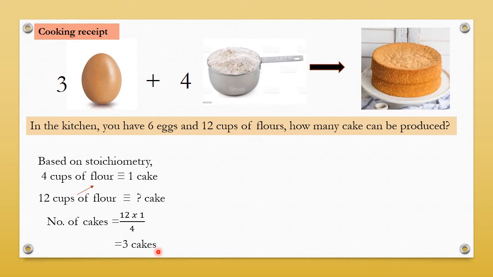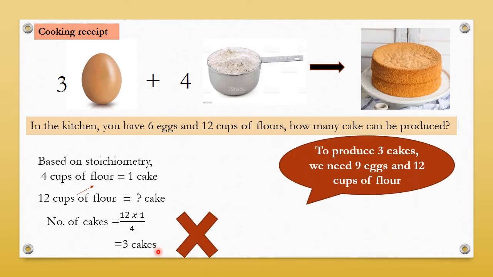However, if you use the excess reactant to compare with the amount of product formed, this is wrong. Because if we have 12 cups of flour, we can produce 3 cakes. However, to produce 3 cakes, we need 9 eggs and 12 cups of flour, and in the kitchen we only have 6 eggs.